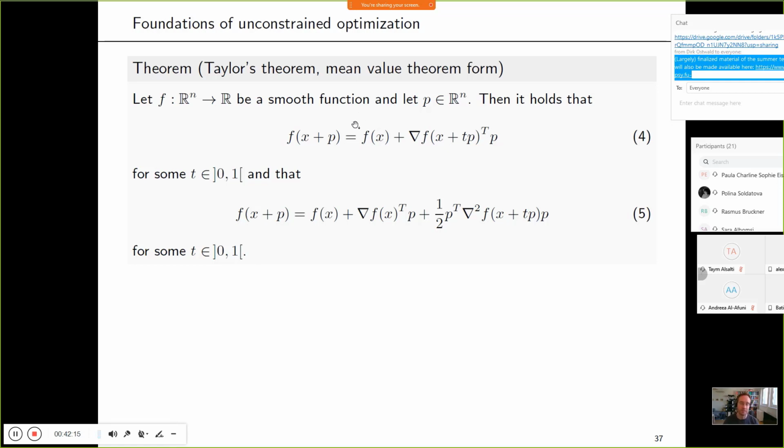So if you think about Taylor's theorem, which you also learned in the mathematical preliminaries, this looks like an exact first order Taylor approximation. And this is essentially also what it is. The same thing here then goes to second order. The question is, what does this really want to say, and where does it come from?